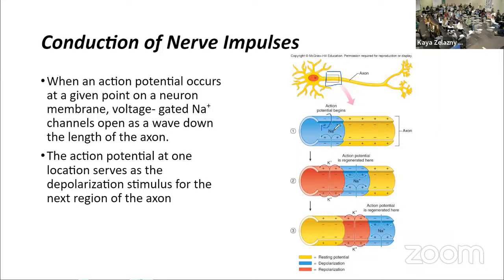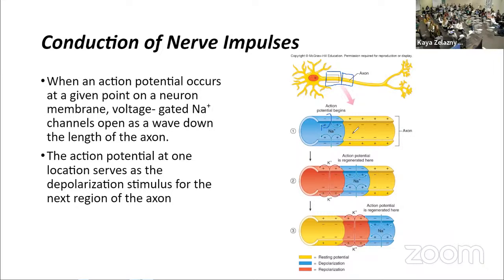So this patch of membrane is undergoing depolarization as those voltage-gated sodium channels open up, letting sodium flow into the cell. Now, that happens to trigger this next patch of membrane. Once those sodium ions are in our nerve, they start to spread out, just like diffusion happens anywhere else. You've got them crowded in a small space, and they just start to drift out to the sides.